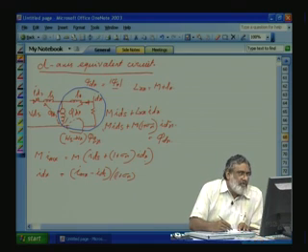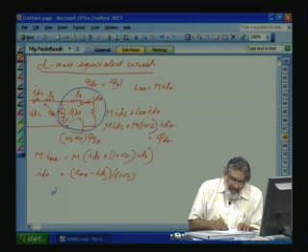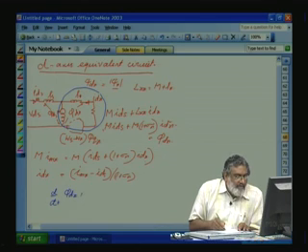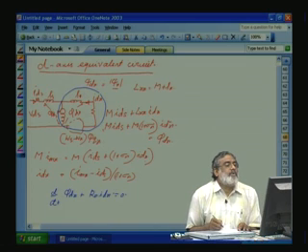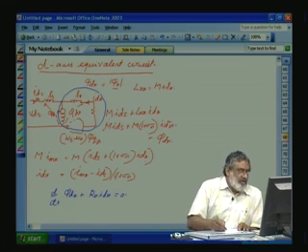So, now if you write down the voltage loop equation here, d by dt psi dr plus RR IDR is equal to 0. Okay. This is the voltage loop equation.